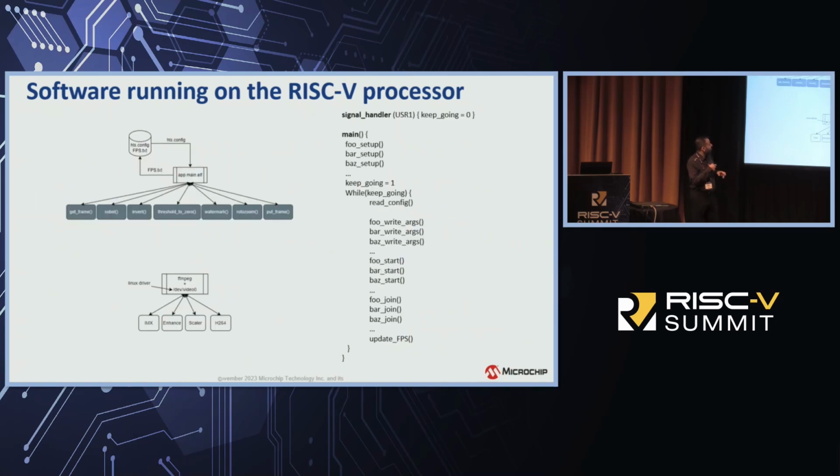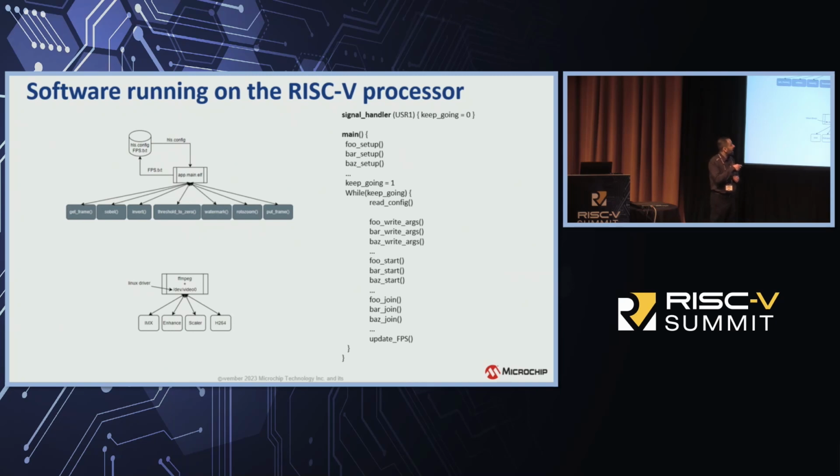This is the main application that controls all the accelerators, and roughly this is the pseudocode that goes in the application. There is a setup for every accelerator, and then there is a main loop that has a keep going variable, initialized to 1. And for every iteration, it reads the configuration in the storage, writes the arguments to the modules, starts each accelerator, waits for it to complete, updates the frames per second, and then loops again.